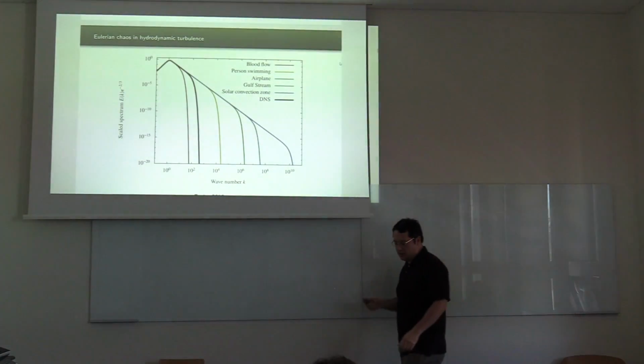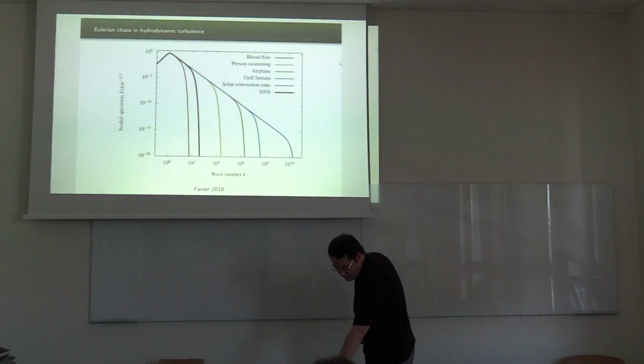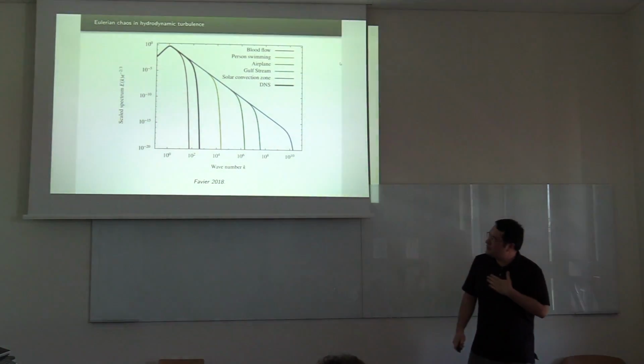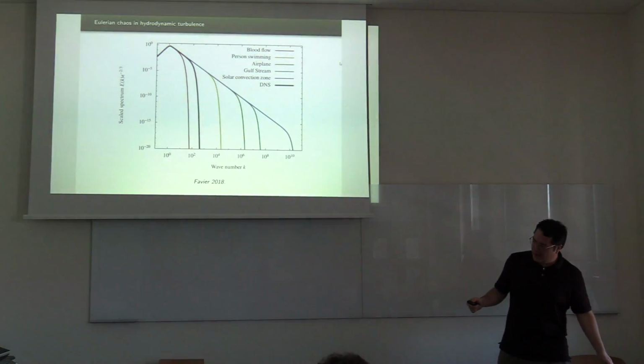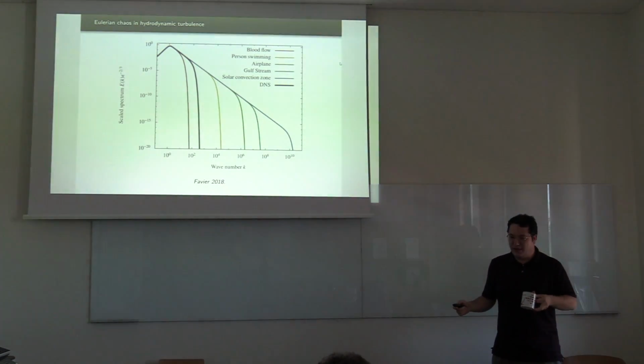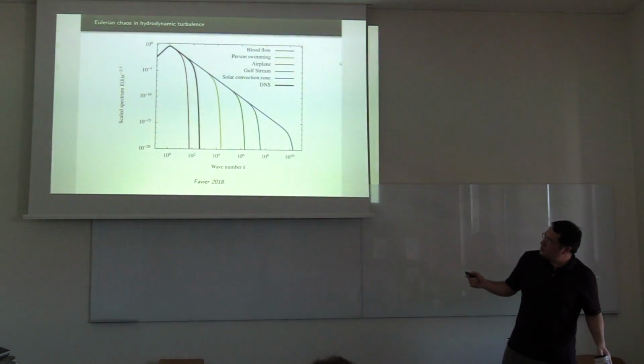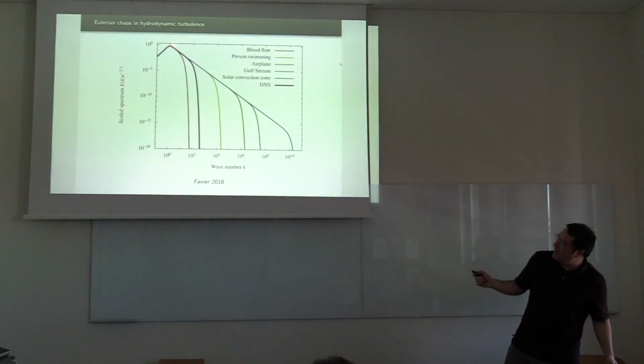Okay, so I look at simulations of turbulence, and the Reynolds numbers we use in our simulations are at most about 2,000 or 3,000. So this is a typical energy spectrum I have for one of our DNSs.